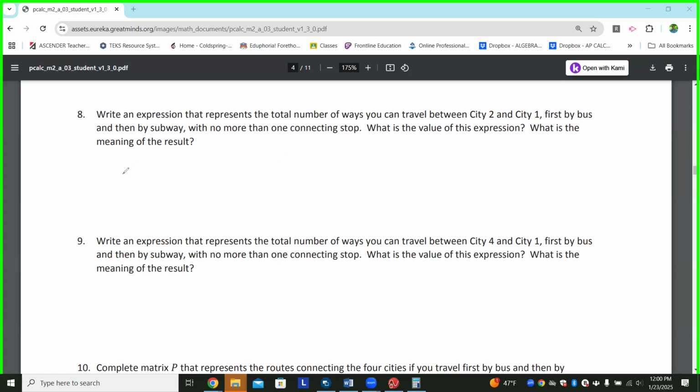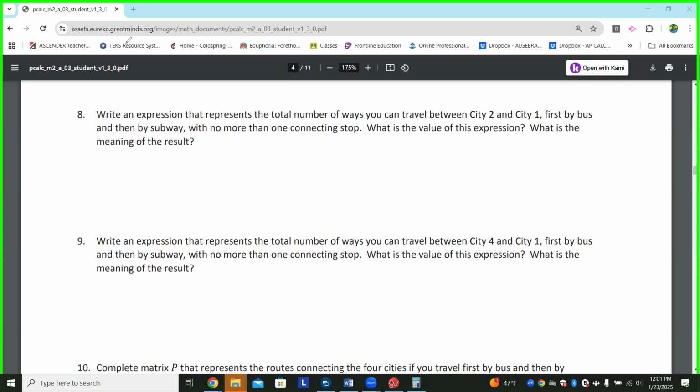We developed our matrices, I believe, on number 4. B equals a matrix and S equals a matrix to represent the buses and subways. So if I'm trying to connect all buses from city 2 to city 1, I would first need to establish, going back to that map, city 2 to city 1 for buses.